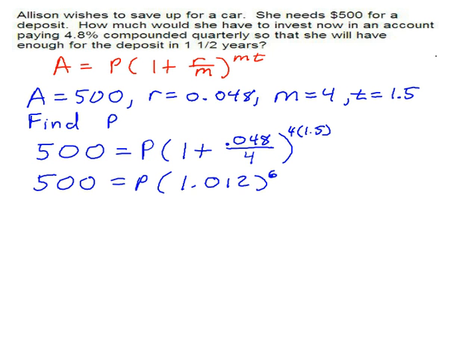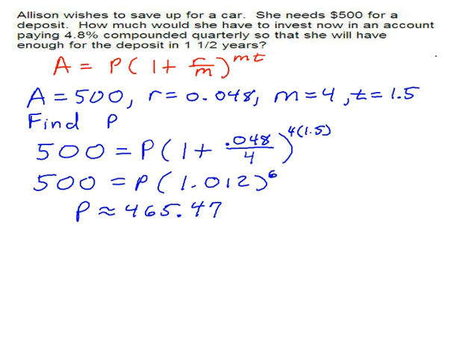So dividing the 500 by the 1.012 raised to the 6 and rounding our final answer, we will get that P is approximately $465.47. Now I'm rounding up because since she wants to have $500, it's better to have a little bit more than too less.